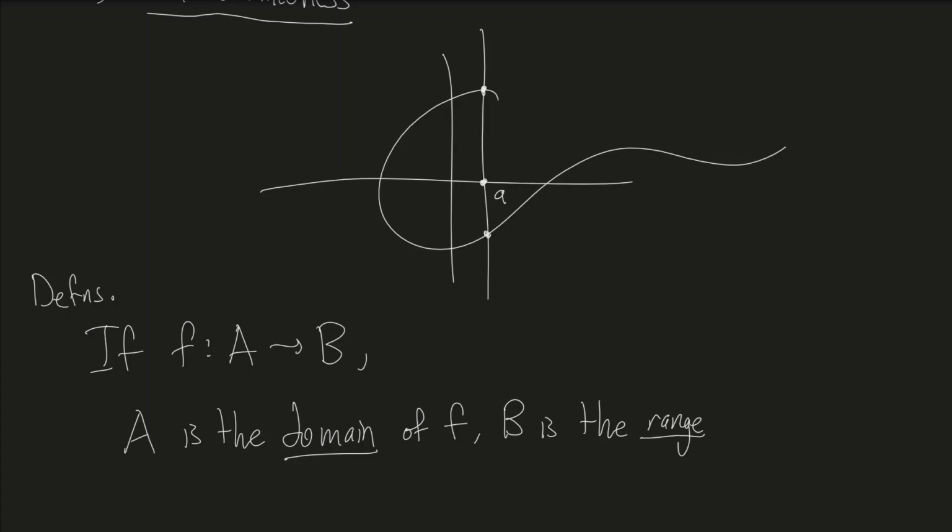So these are probably things you should have heard of. Sometimes the range is also called the codomain. Usually in America it's called the range, but I know here in England it's called the codomain usually. Yeah, I had an English lecturer at UC, who would also call it the codomain pretty frequently.